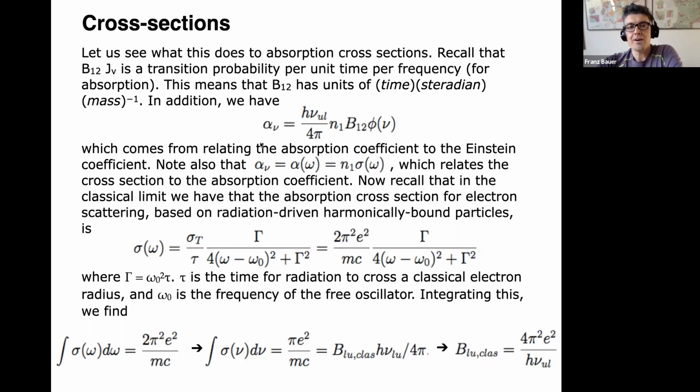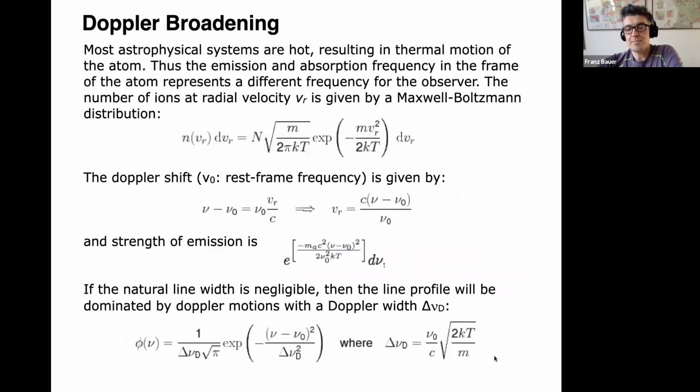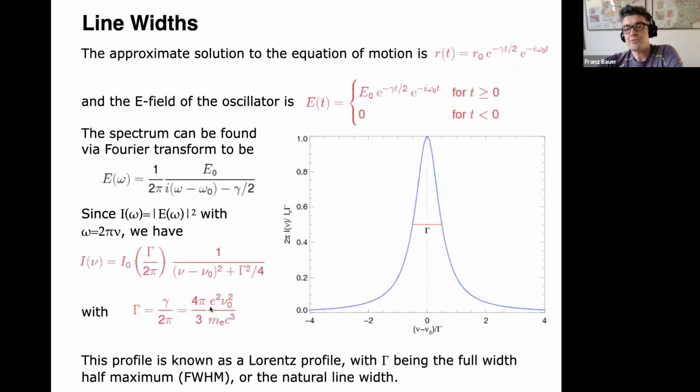And so now our absorption cross-section, or absorption coefficient, is dependent on the line profile, right? Which is now dependent on perhaps the temperature of the system or the natural line width of the system, and so forth.